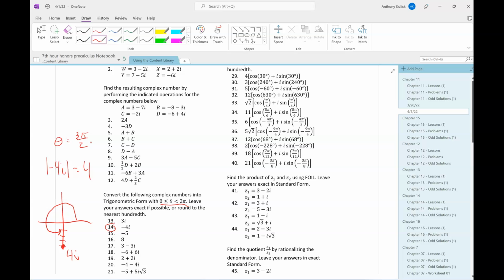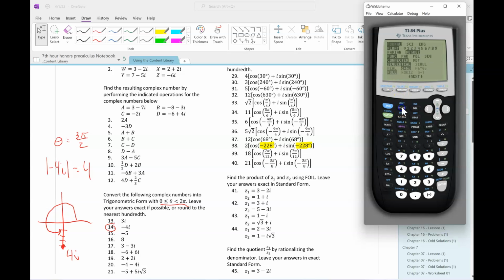So 38, the directions ask you to write this in standard form and put it in exact form if possible. So the thing that I really want to look at is the angle measure involved. 228 degrees negative is not a unit circle value. So this is a pure calculator problem. So I'm just going to fire up my calculator, check to make sure I'm in degree mode since my angles are in degrees.